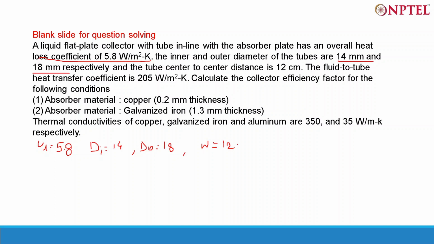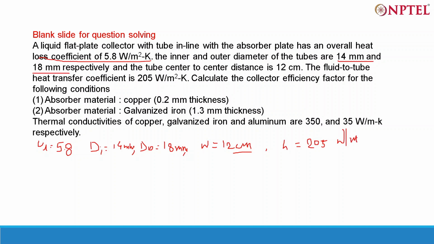And the first thing which you need to do is to mind the units. These are in mm. Similarly, this is in centimeter. And the fluid to tube heat transfer coefficient, that is h_f, is given 205 watt per meter square Kelvin.